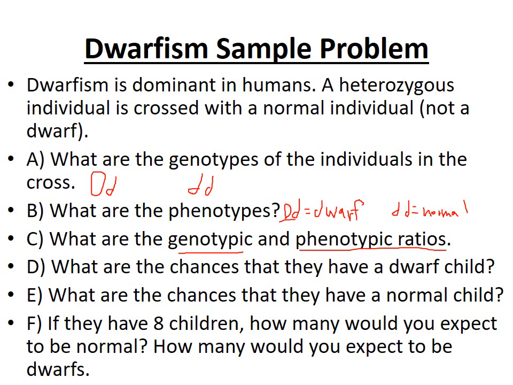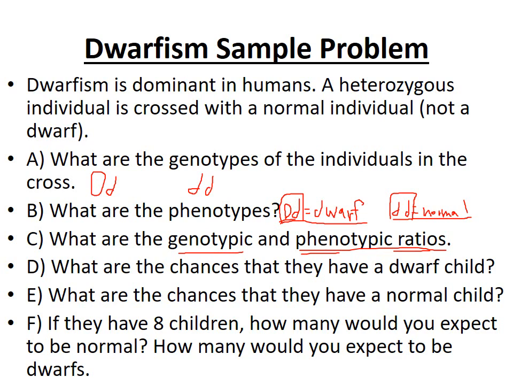Now already you can probably predict what the answer would be based on the fact that we did a sample problem like this before. Remember when you cross heterozygous with homozygous recessive, you get a 50-50 phenotypic ratio. You get 50% would be dwarf and 50% would be normal, or sorry, I should say 1-to-1.